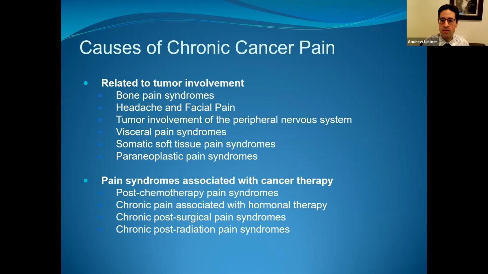We also have a number of survivors that have pain with hormonal therapy. These tend to be in the musculoskeletal pain category. We see a lot of post-operative pain syndromes, and depending on the innervation of the various surgical approaches would tell the type of pain syndrome. And then, of course, we see a fair amount of post-radiation pain syndromes.